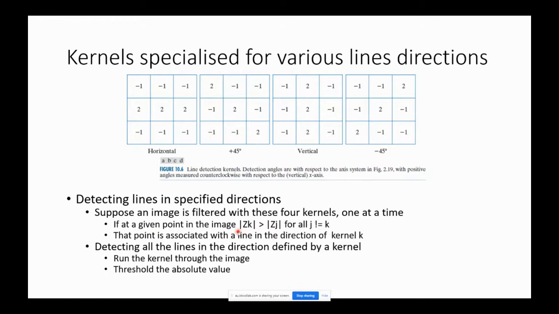And at a given point, the response of kernel K is greater than the response of all the other kernels that are different from K. So basically, I associate that point with a line in the direction of the kernel K. So I pass the kernels and associate the direction of the line to the kernel related to that direction, the one that had the strongest response.